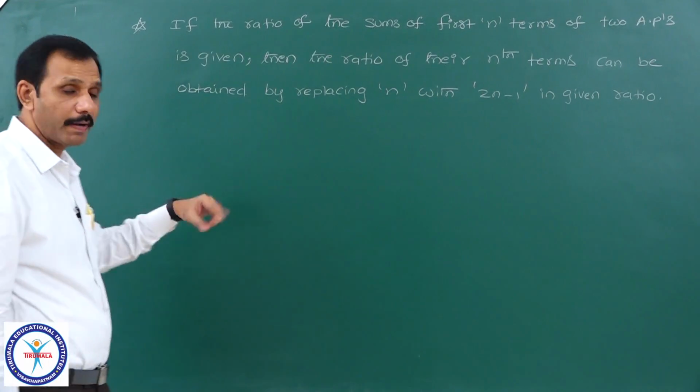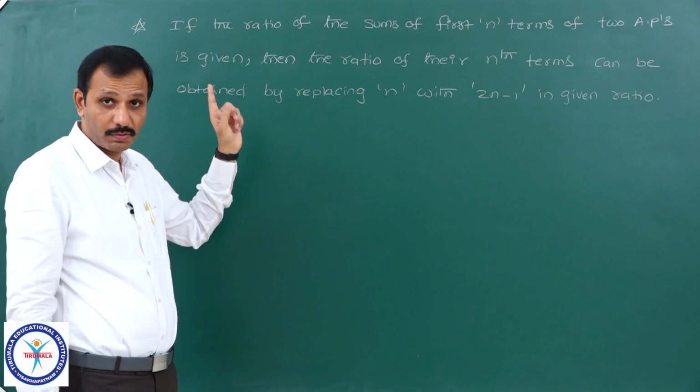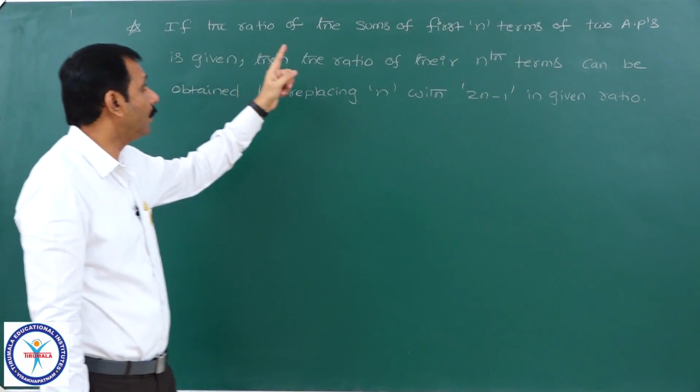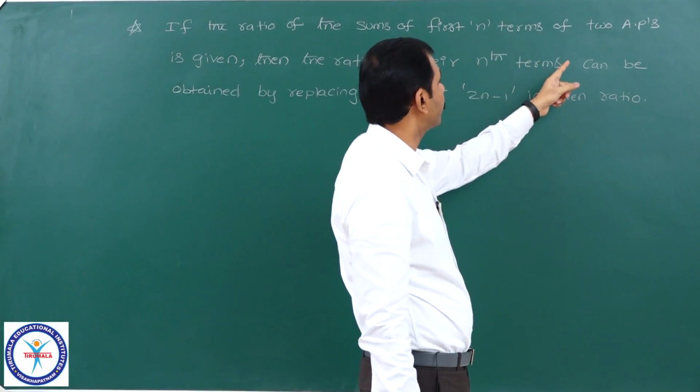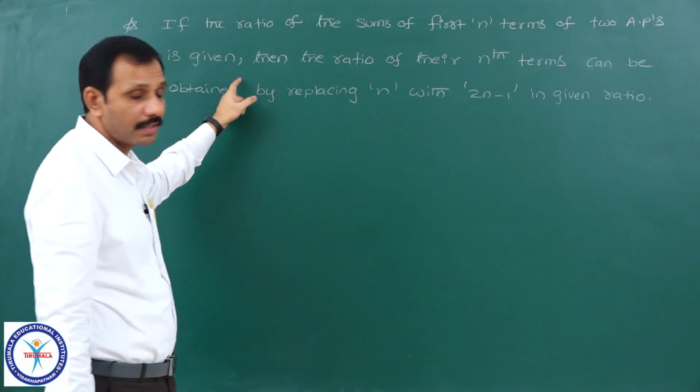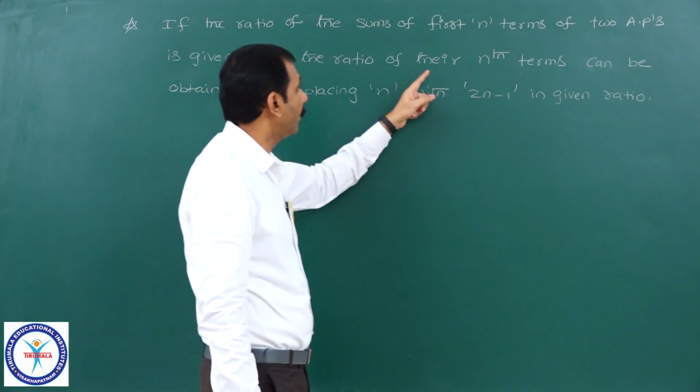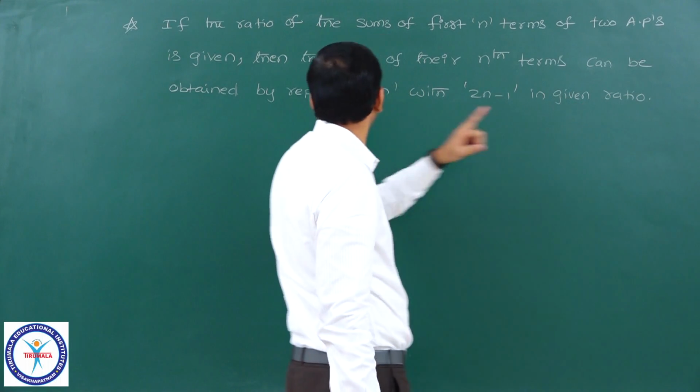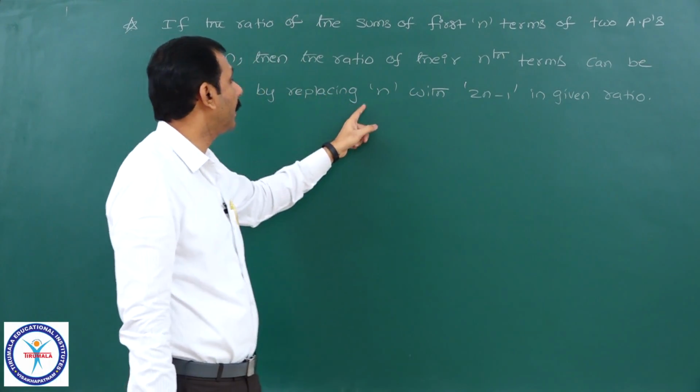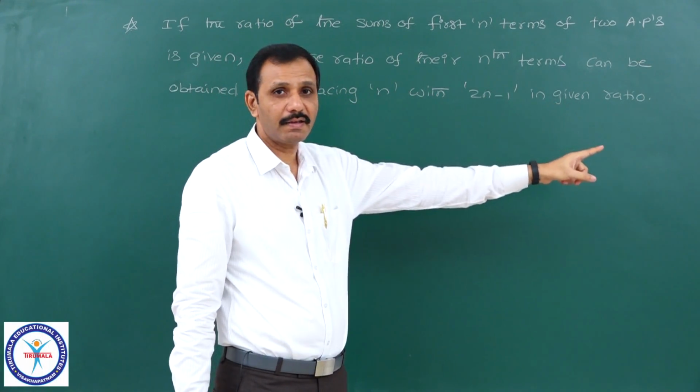See here, that is the generalization, please make a note of this one. If the ratio of the sums of first n terms of two APs is given, then the ratio of their nth terms can be obtained by replacing n with 2n minus 1 in the given ratio.